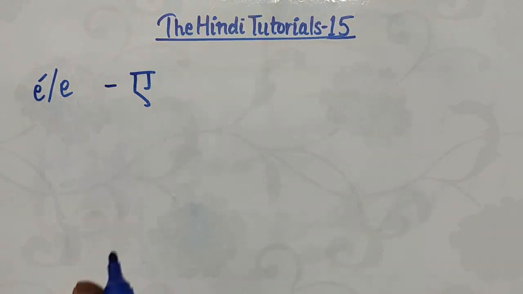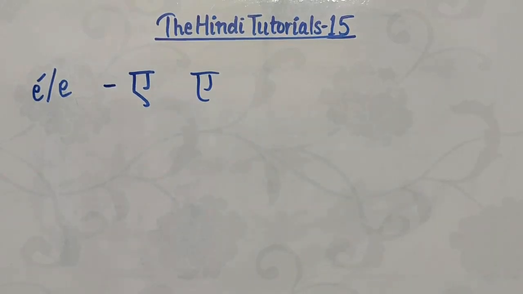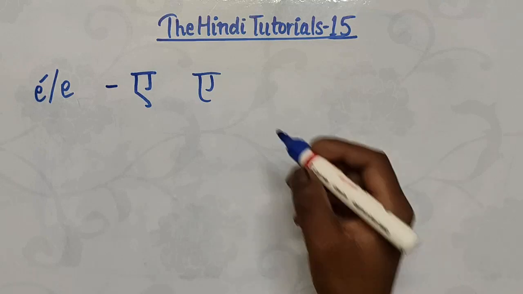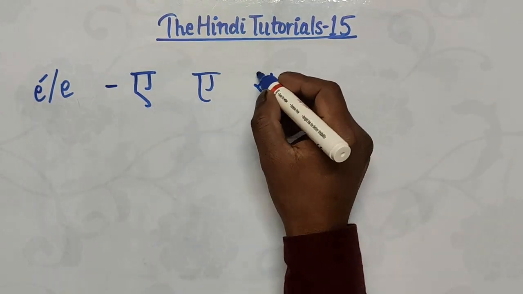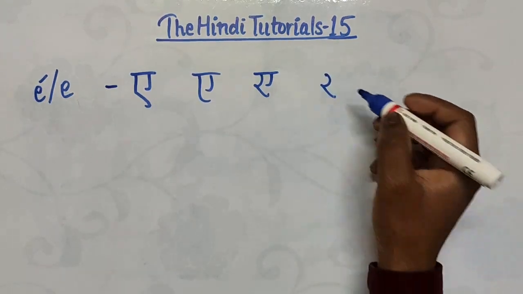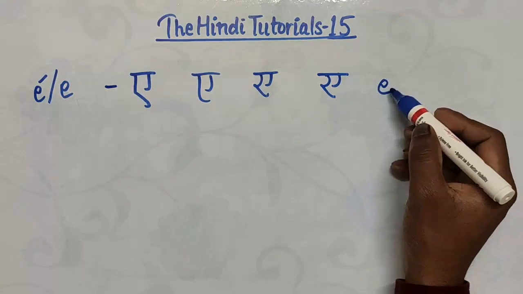Well, this is the printed form, but in handwriting we don't write it like this because it takes time. So a lot of people write it like this. It makes it easier and faster. Doesn't it look like r? So this is the e sound.